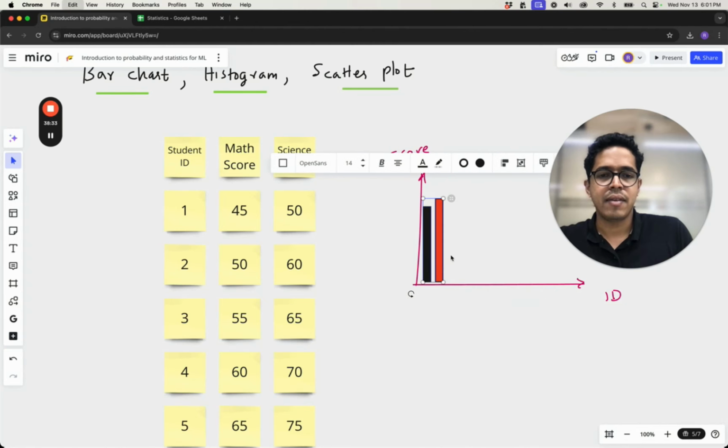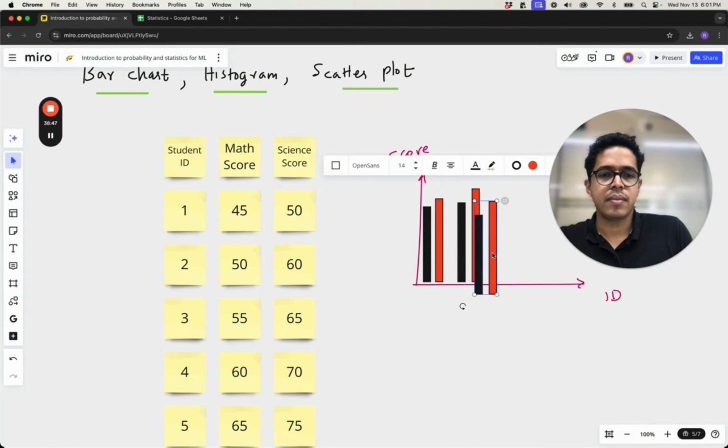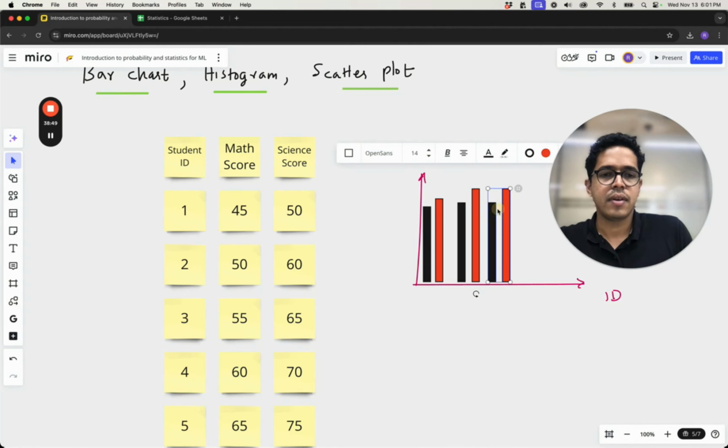Then again, I will copy paste this. In the second exam, math score was 50. Science score was 60. And in the third exam, math score was 55. And science score was 65.